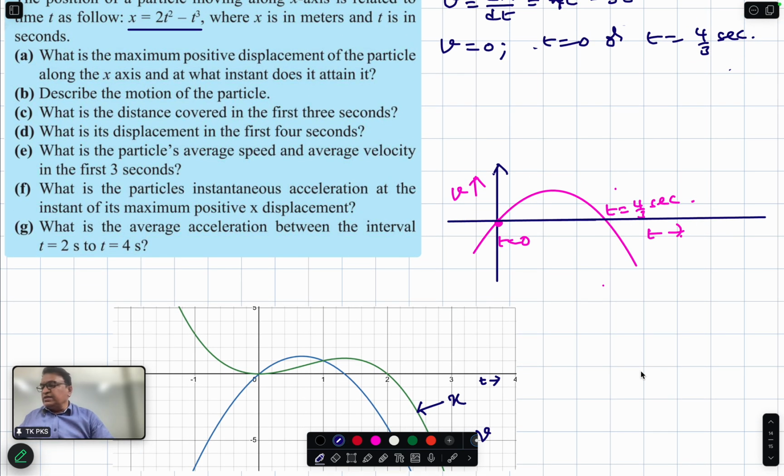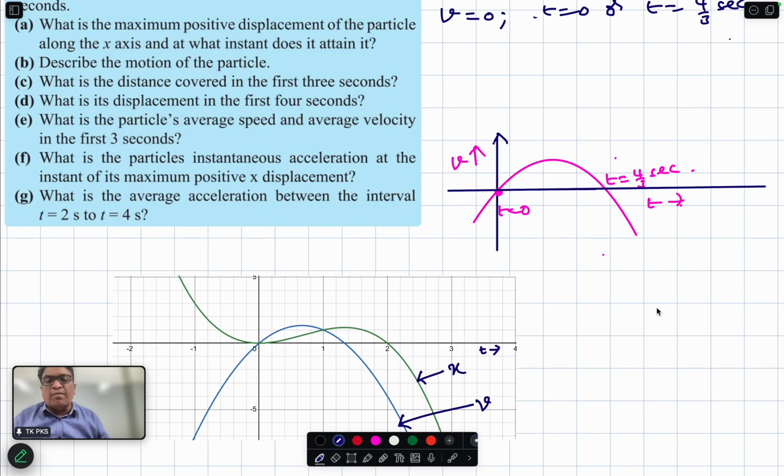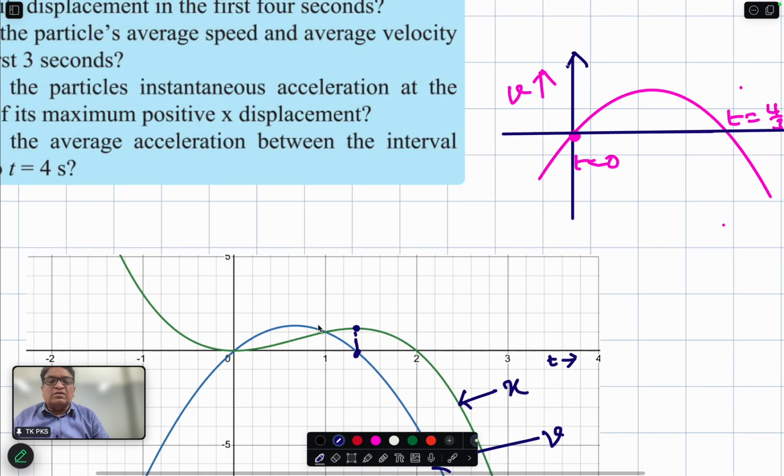Now, what does he want described? What is the maximum positive displacement of the particle along the x-axis and at what instant does it attain it? Now remember, he is asking about this coordinate, the coordinate when velocity is 0. Till that point, it goes forward.